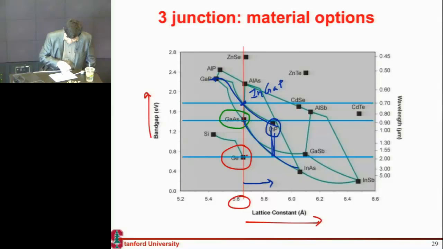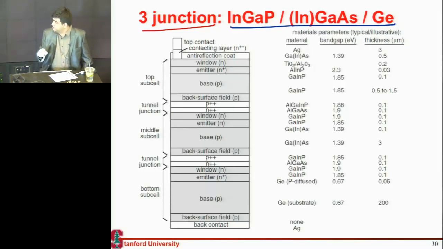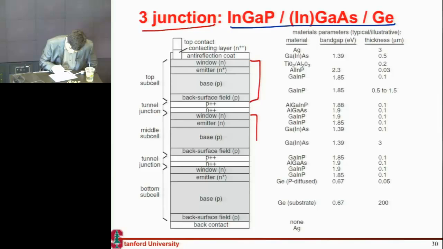Okay. So this is the most commonplace three junction cell. The thing you should notice is that all of these multi-junction cells have layers and layers and layers, just like onions. So you have these three cells over here.